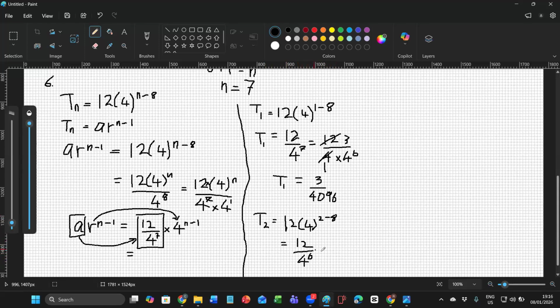Okay, and that would further be, if I want to do it the same way I did for T1, I can split that 6 into 4 times 4.